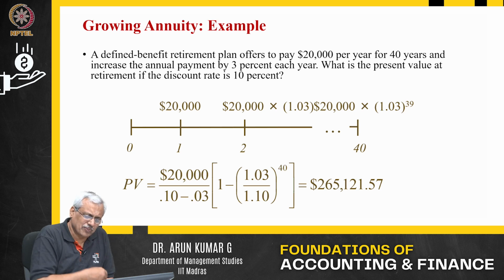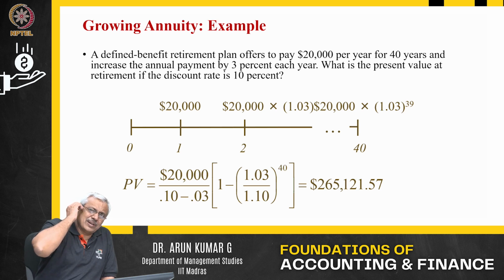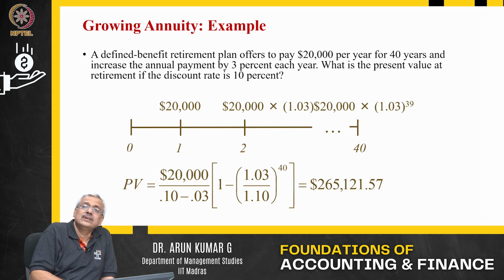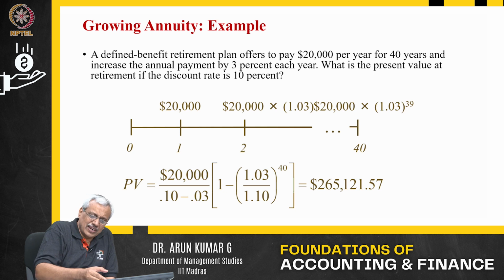This $20,000 is discounted at 10%, but it is also going to grow at a rate of 3%. So 20,000 divided by 0.1 minus 0.03. Net result, you have to discount it only by 7%. And this 20,000 is going to grow, which is where you see 1 minus 1.03 divided by 1.10.